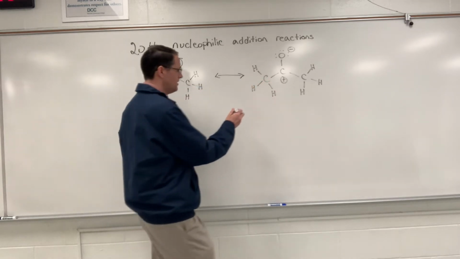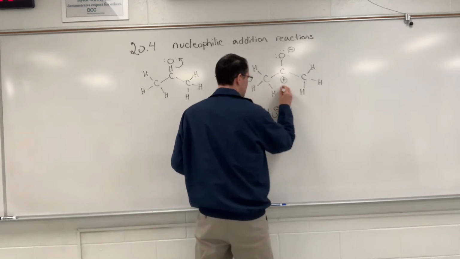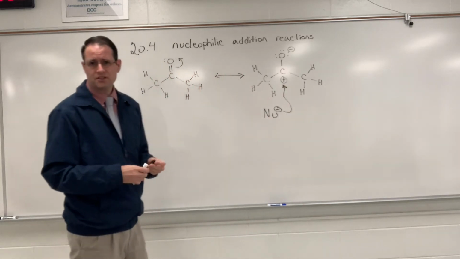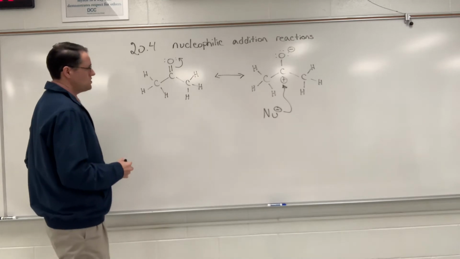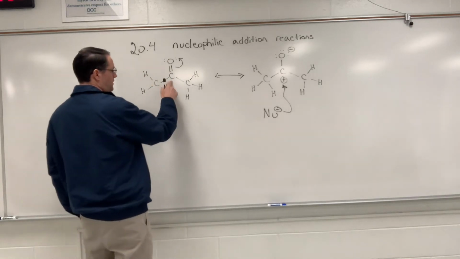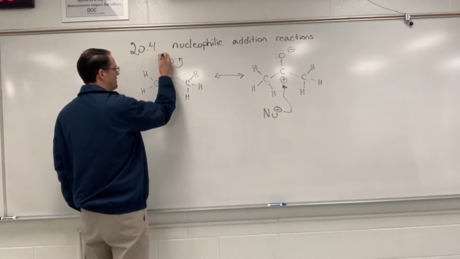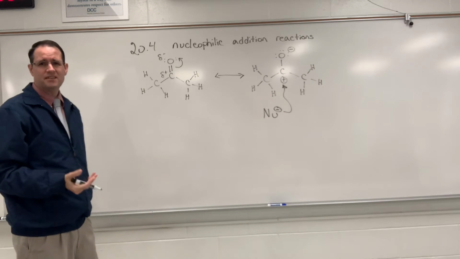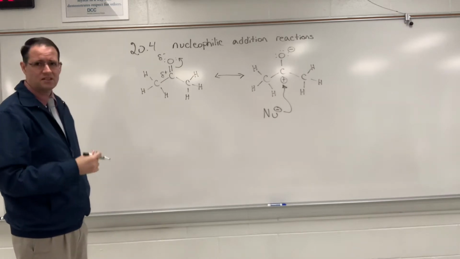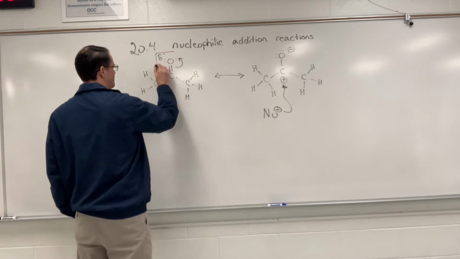So if you have something that's negatively charged, it's going to seek out that electrophilic carbon atom. So these molecules here we say are electrophiles. They're electrophilic at the carbon because there's a delta plus on the carbon atom and a delta minus on the oxygen. That group there is called the carbonyl, okay?